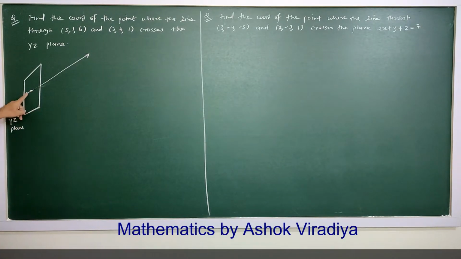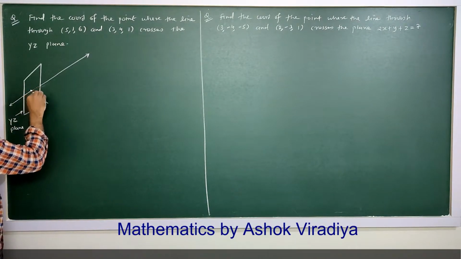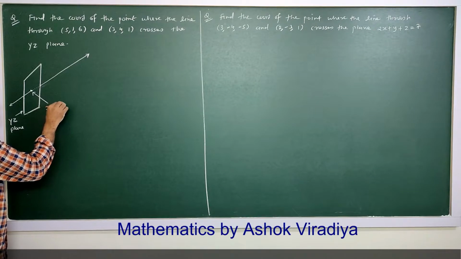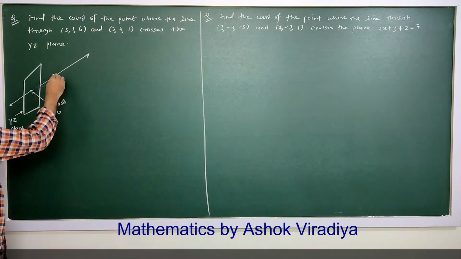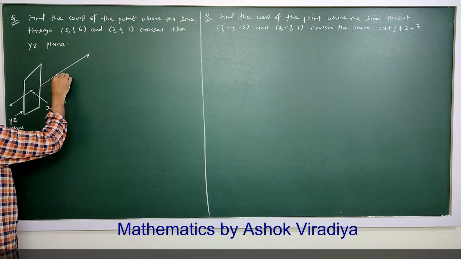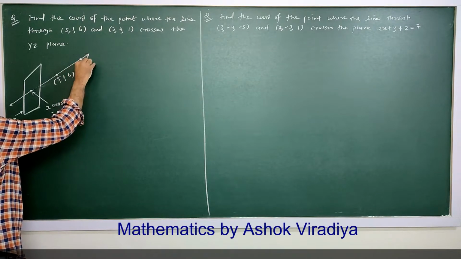Whatever the point of intersection is, its x coordinate is 0. The line is passing through 5, 1, 6 and 3, 4, 1.